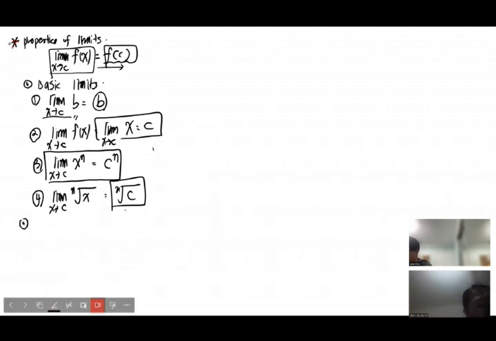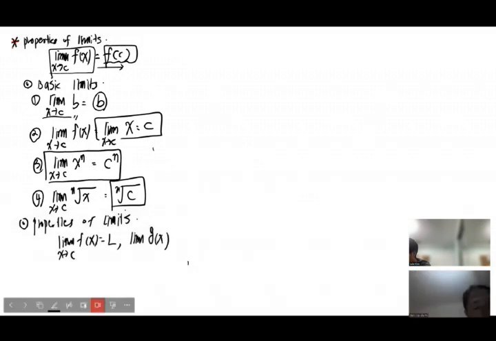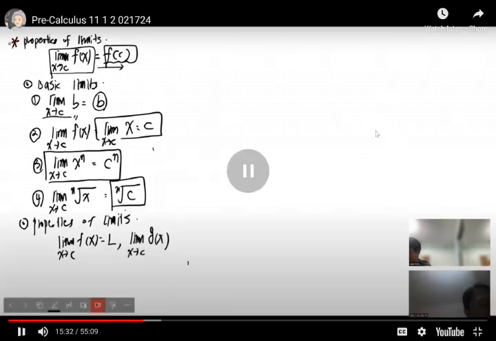Let's take a look at the properties of the limit again. So the limit of f(x) is equal to L in case x goes to c, and the limit of function g(x) for x goes to c.